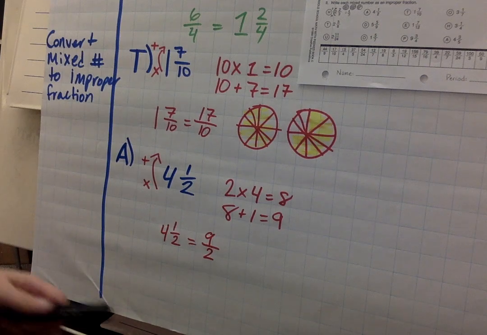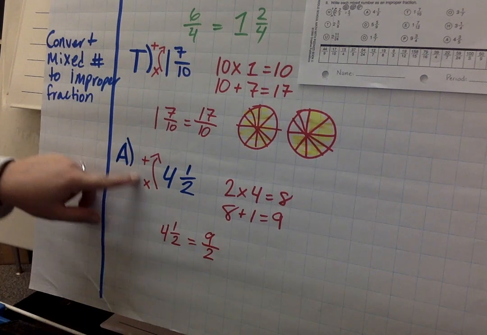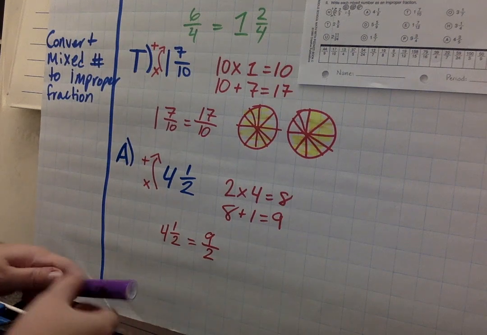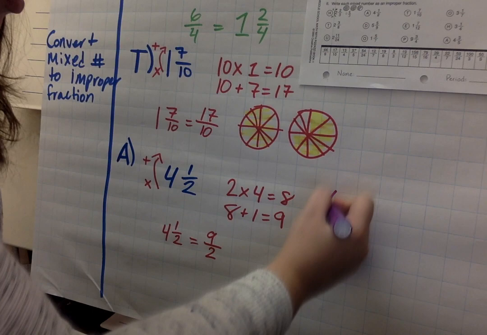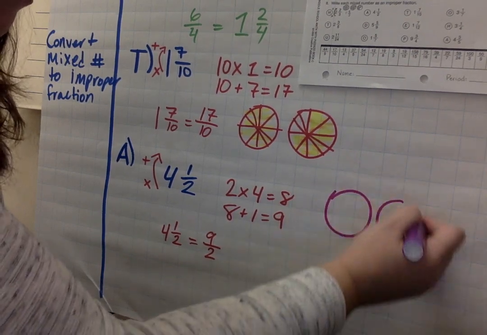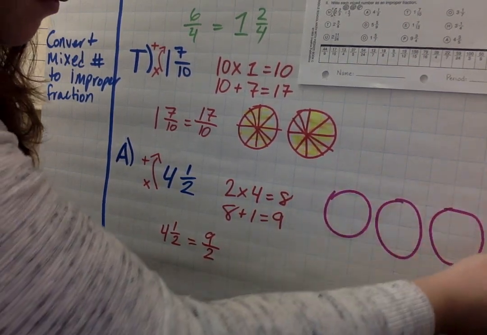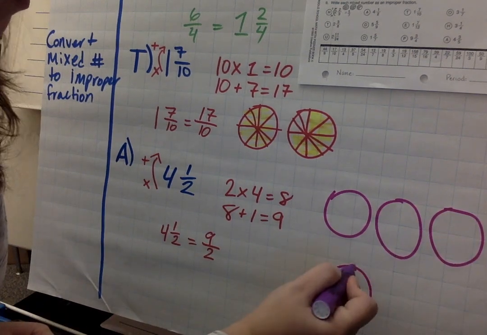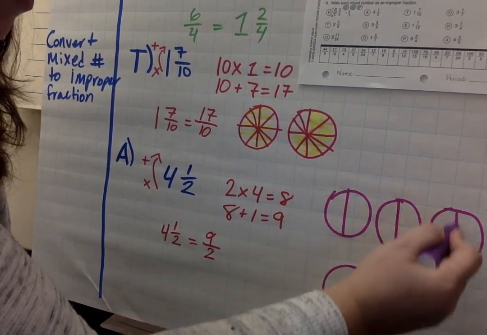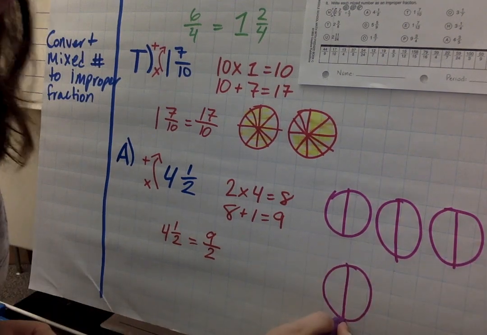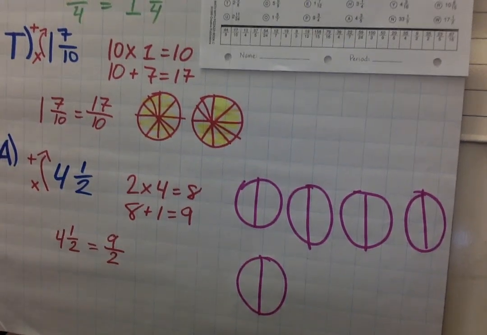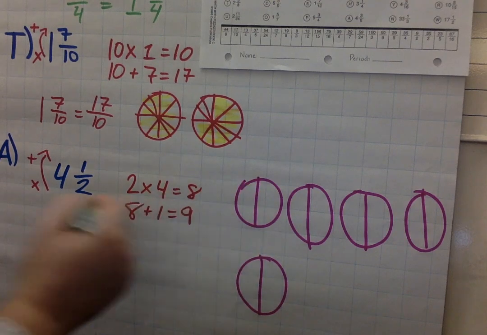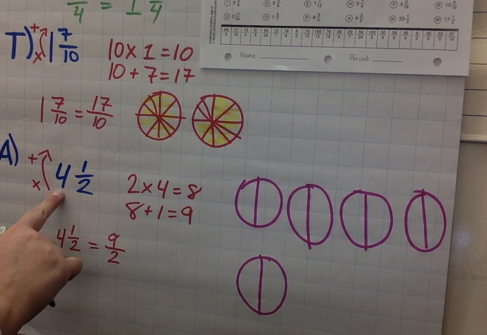Okay. And sometimes we wonder, well, why does this work? So this works because if I'm drawing my circles here, okay, so I have my circles, and I know that 4 of them need to be shaded in.